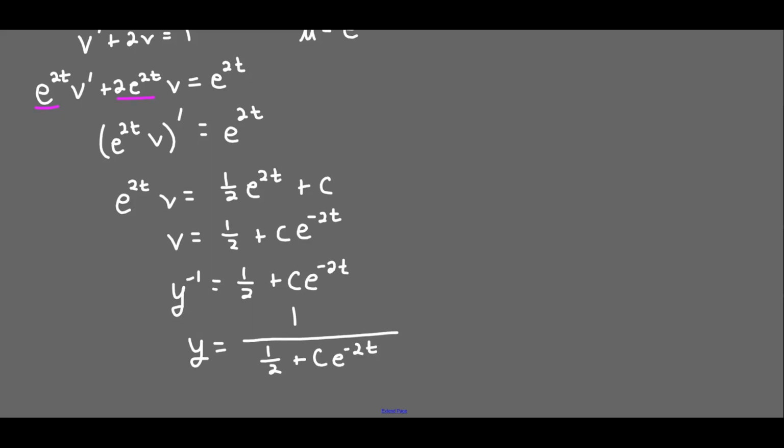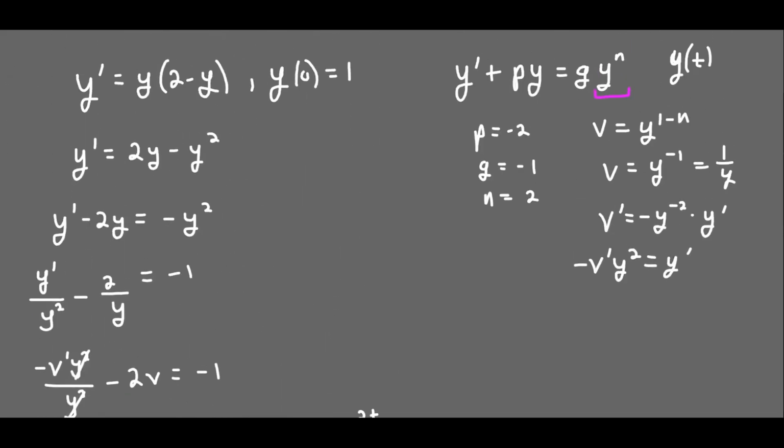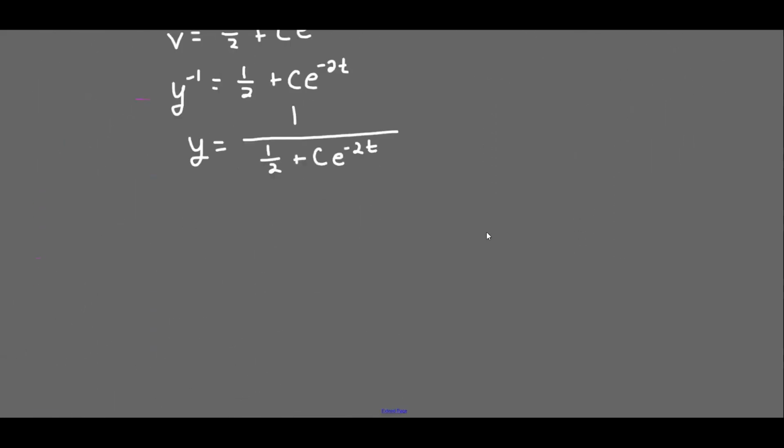Right, now, still not done because we have this initial value, y of 0 equals 1, so we're going to solve for c. So I'm going to plug in 0 for t. I'm going to plug in 1 for y.